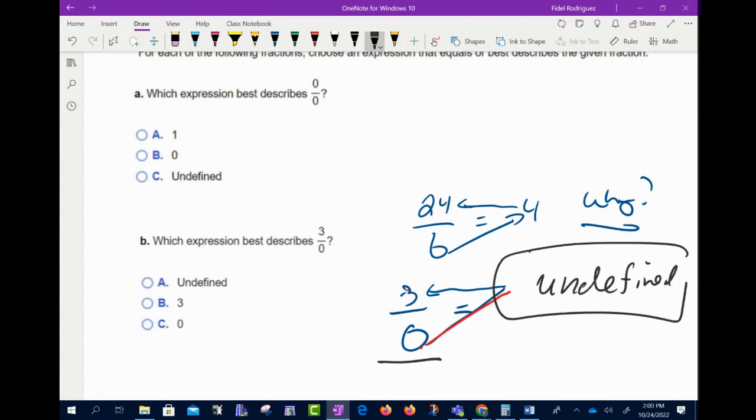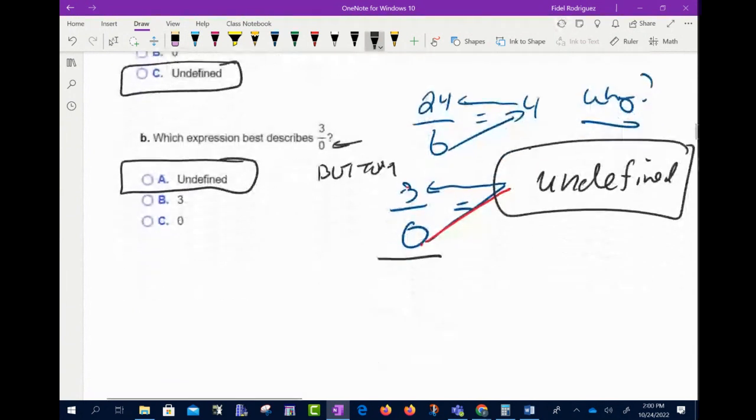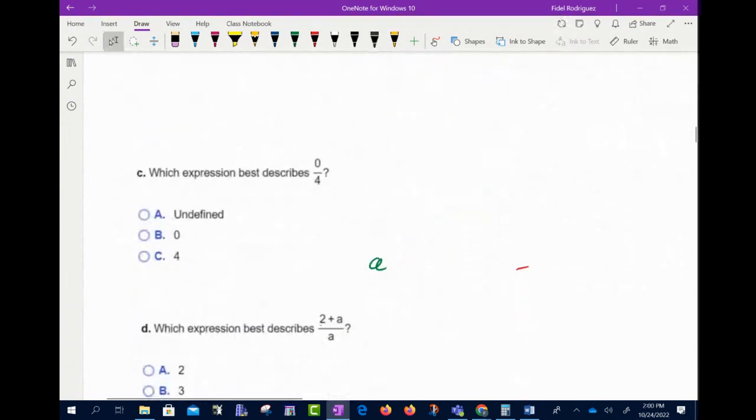This is what we call undefined because we cannot do it. Okay. So look, y'all, where is the 0? The 0 is on the bottom part. When the 0 is on the bottom part, it's undefined. When I come back to part A, it's on the bottom part. That's also going to be undefined, okay? Now, if I look at part C, let me clean this up a little bit.